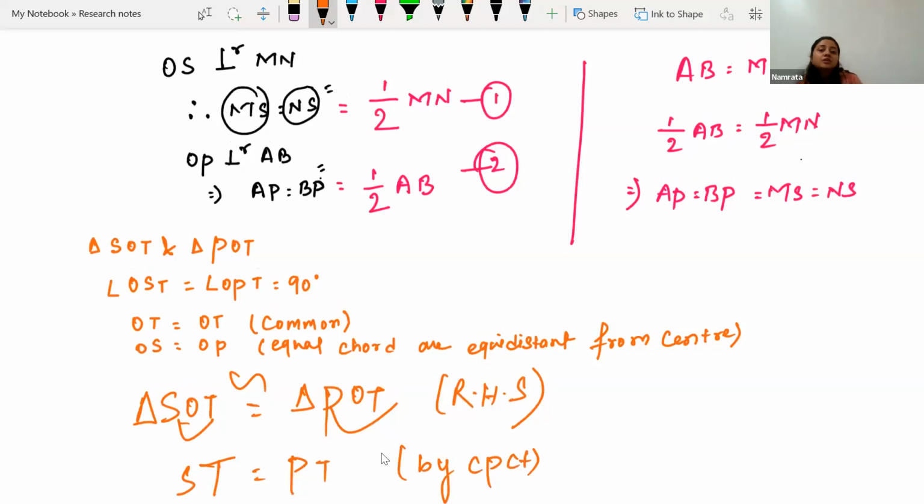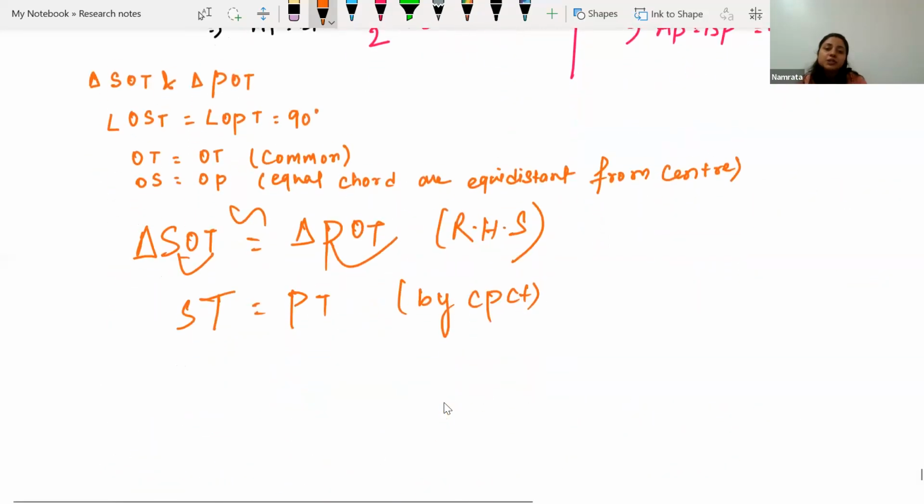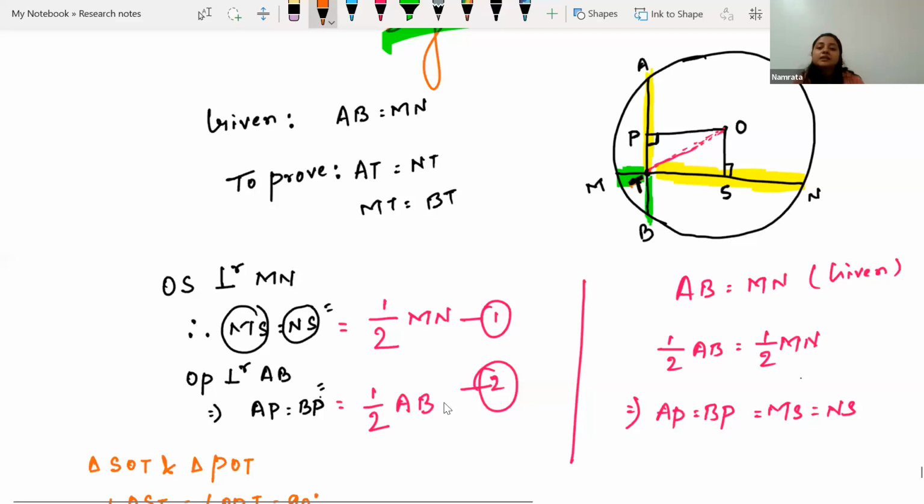Still our focus is to prove that these two yellow highlighted lengths are the same and the green highlighted lengths are equal with each other. That's what we want to prove here. We have got that ST is equal to PT. You can see the yellow part ST, the yellow part PT. These two are equal with each other. That's what we have got from CPCT.